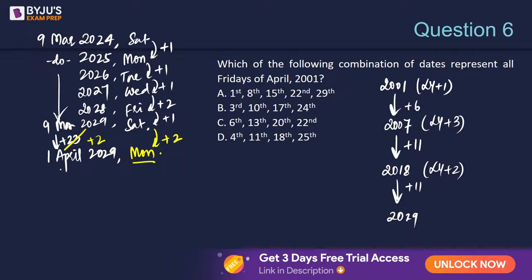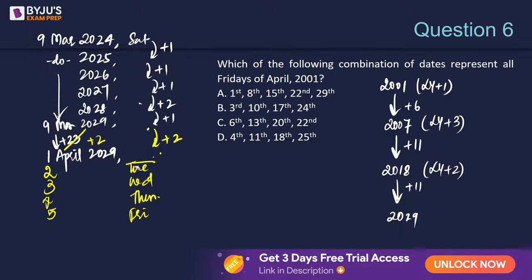So if 1st April is Monday, then 2nd will be Tuesday, 3rd Wednesday, 4th is going to be Thursday, 5th is going to be Friday. Hold on, did something go wrong? Saturday, this is the mistake, no? I changed the date, I forgot to put in the correct date.